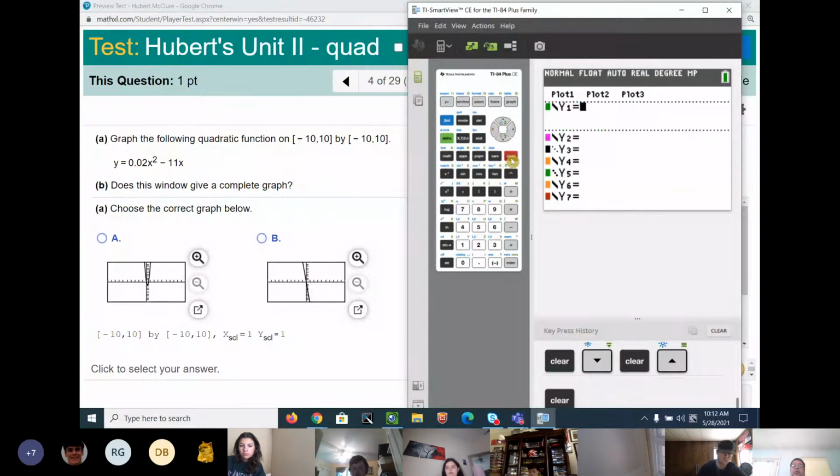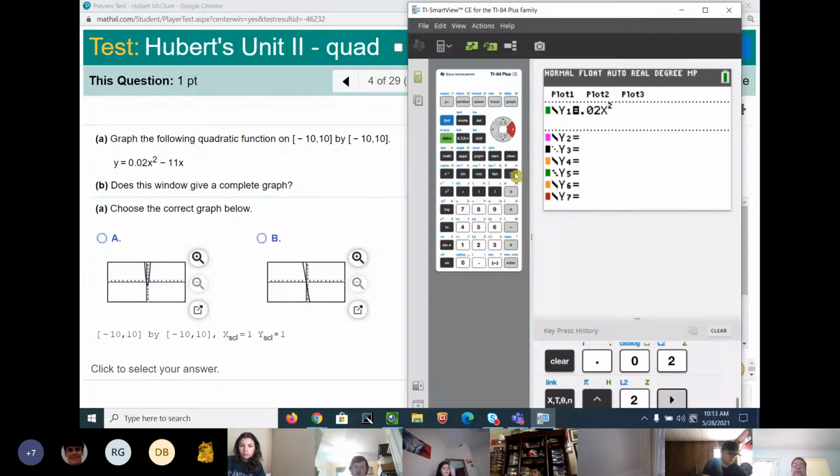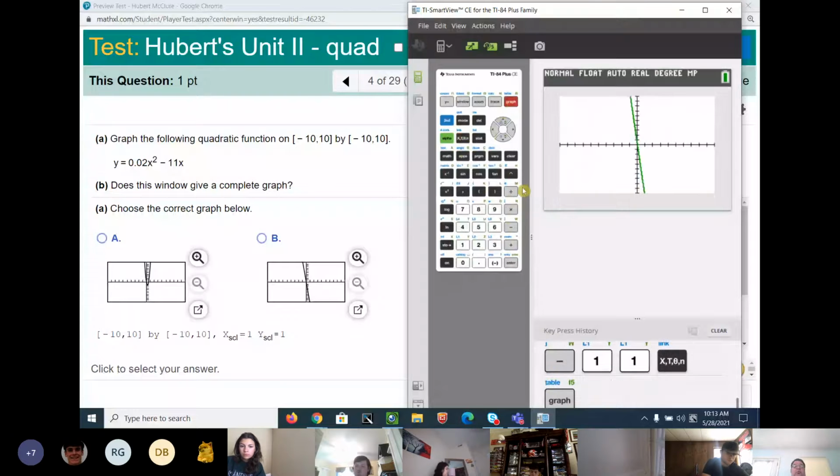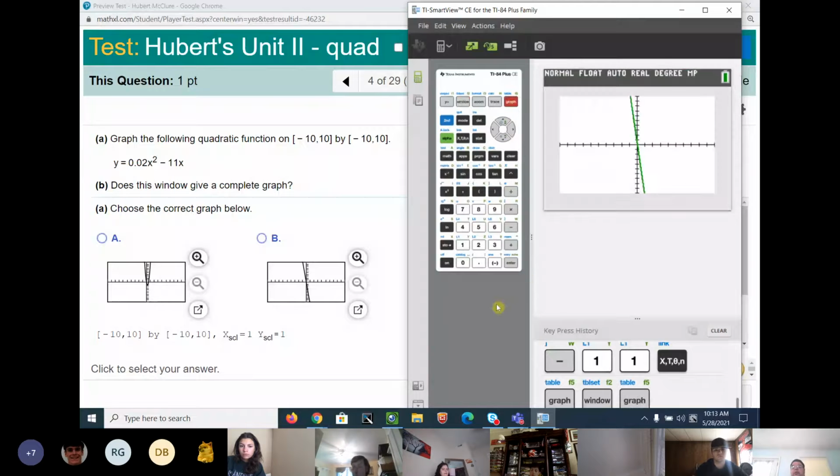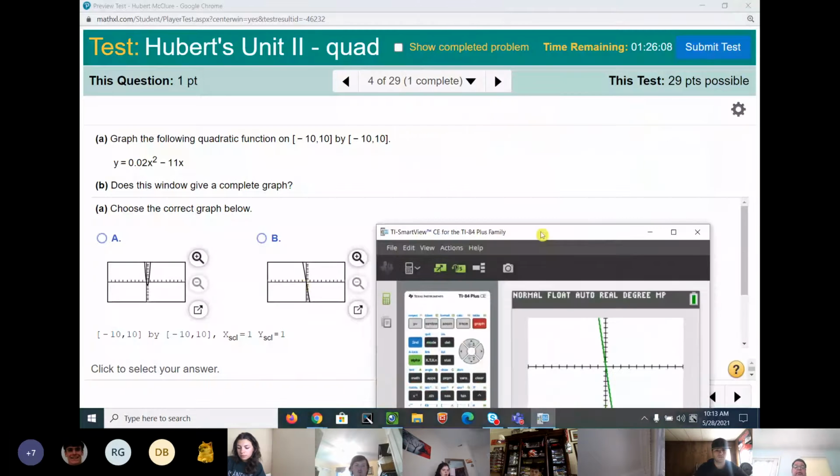It's a whole lot easier working a calculator without a mouse. 0.02x squared minus 11x, and graph. And they want you to change the window, negative 10 to 10. There it is. It's already there. So there you go, and that is B. Bravo.